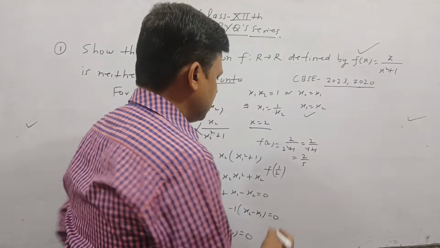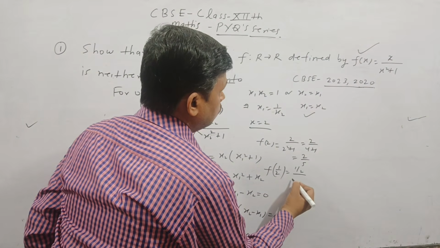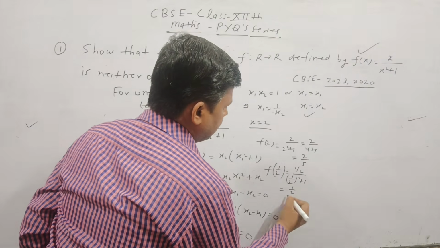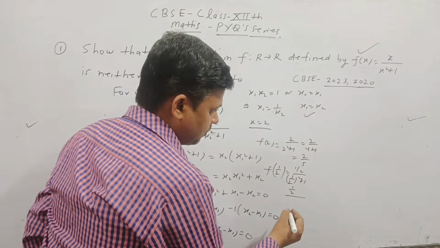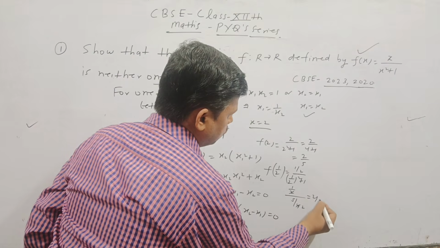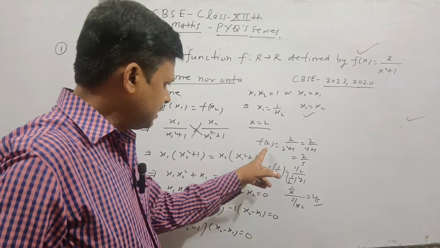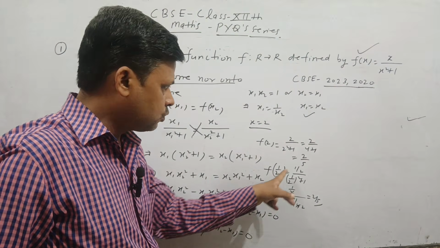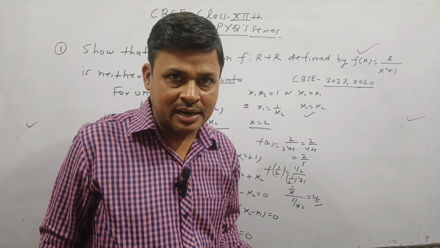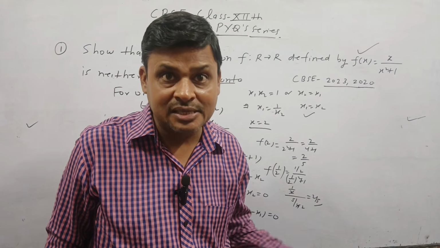So f(1 by 2) is equal to 1 by 2 upon (1 by 2) whole square plus 1. You will get 1 by 2 upon 1 by 4 plus 1, that is 5 by 4. 2 2s are 4, you again get 2 by 5. So the images of 2 and 1 upon 2 are the same in the codomain. So distinct elements of the domain have the same image in the codomain.